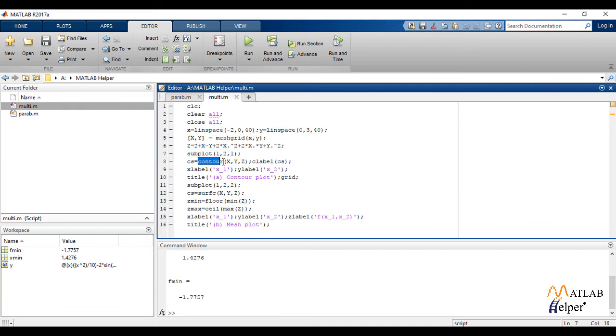Now we use the command contour and apply it for x, y, z to get a contour plot. We subplot this again. To get the minimum and maximum values of z, we use floor and ceil commands. We also define attributes xlabel, ylabel, zlabel and title for both the cases.